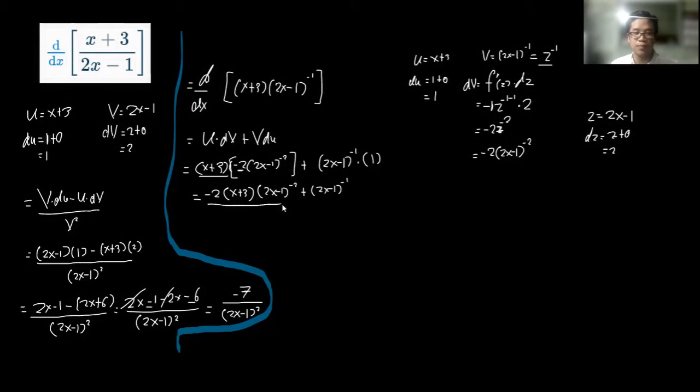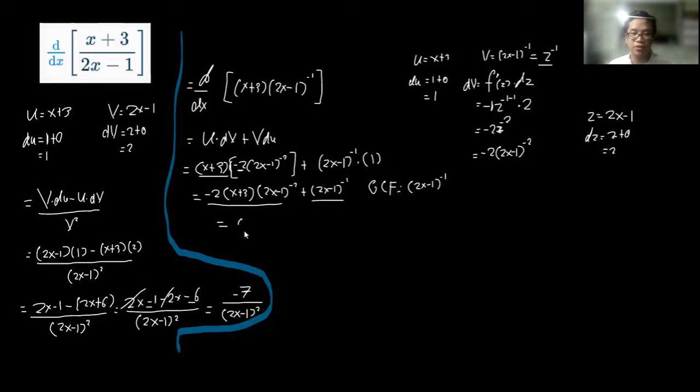As you can see, this first term and second term have something in common, which is 2x minus 1. So that's their common factor. If you're asking what the greatest common factor is, so that I can factor them out, it is 2x minus 1 raised to negative 1. Due to that, I can factor it out.